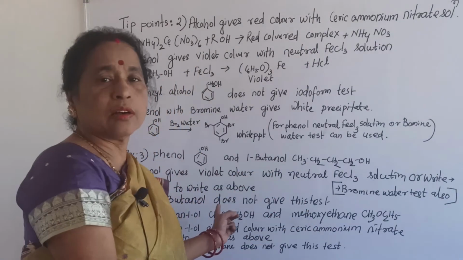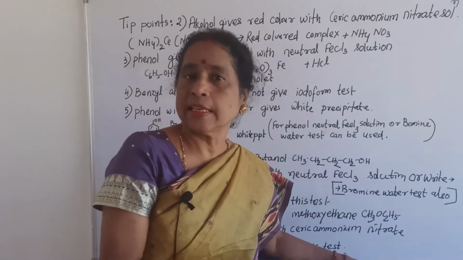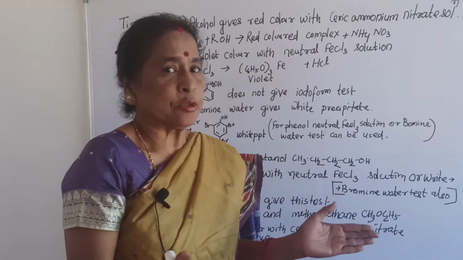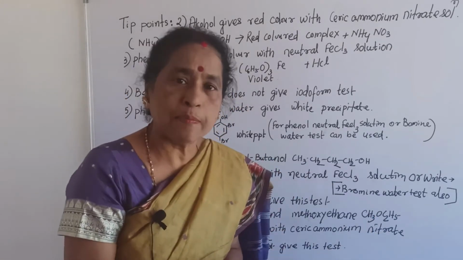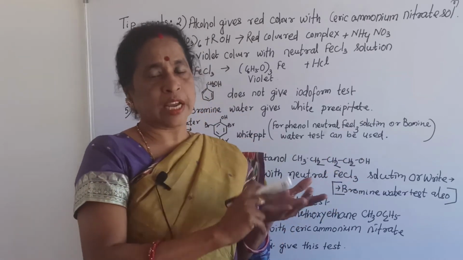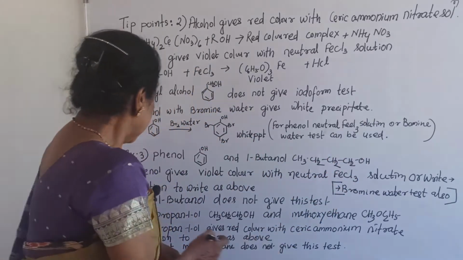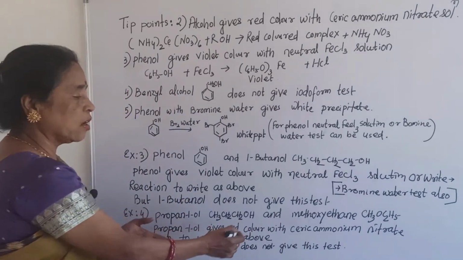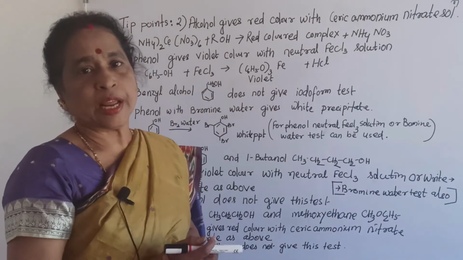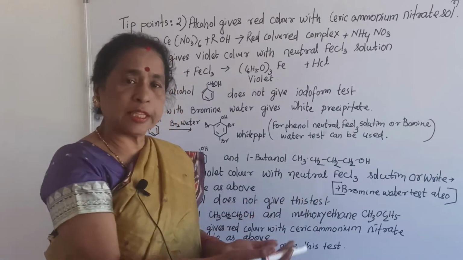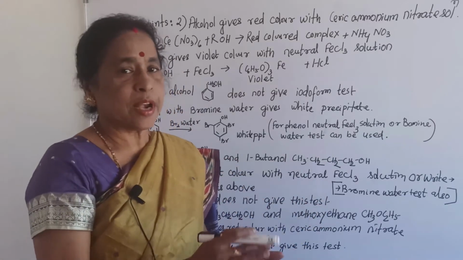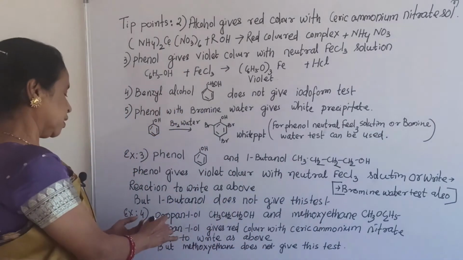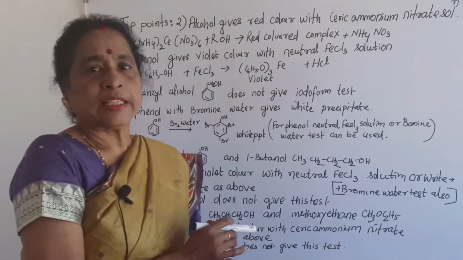You can distinguish easily with the help of ceric ammonium nitrate solution, because propanol, since it is an alcohol, gives a red color with ceric ammonium nitrate, whereas the ether will never react with ceric ammonium nitrate solution.